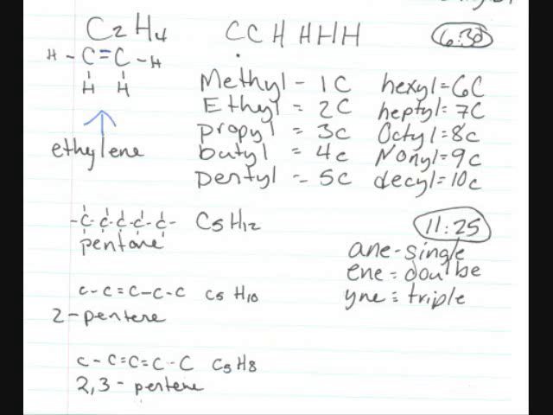What this is saying is that I have 2 carbons and 4 hydrogens, and that I've got to figure out how to put those together so that everybody satisfies the octet rule. Remember what the octet rule is? The octet rule is that everybody has a satisfied, filled outside shell.